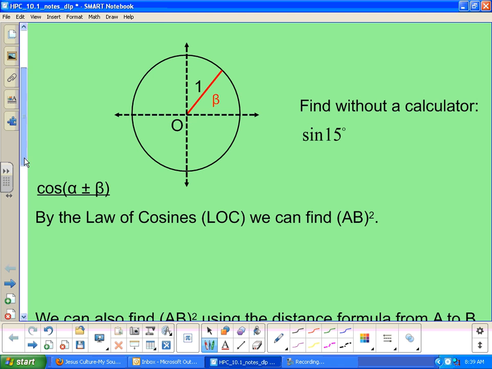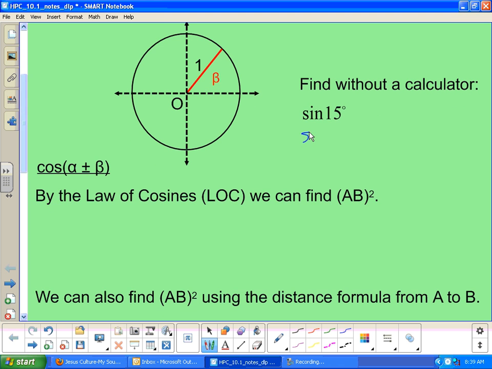And if we know the sine of 45 is 1 over root 2, the sine of 30 is 1/2, and we would just simply make common denominators here. We get root 2 over 2 minus 1 over 2, and we get root 2 minus 1 all over 2. It's the exact value of the sine of 15.